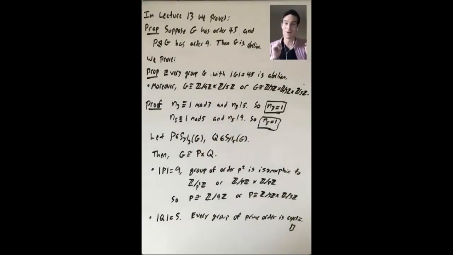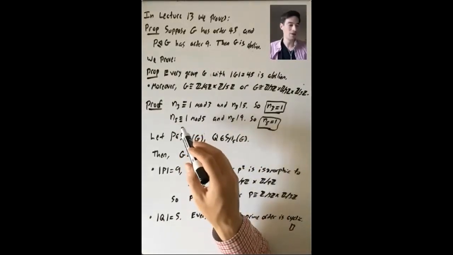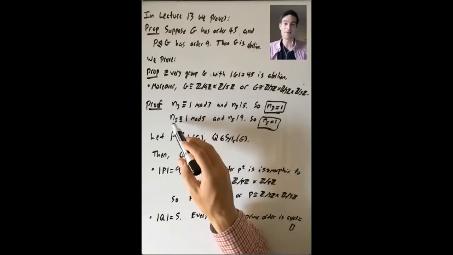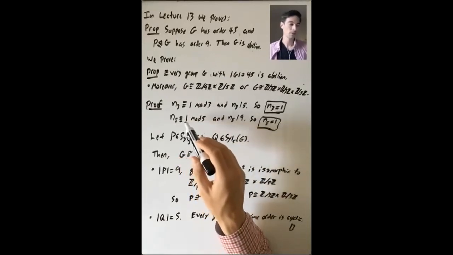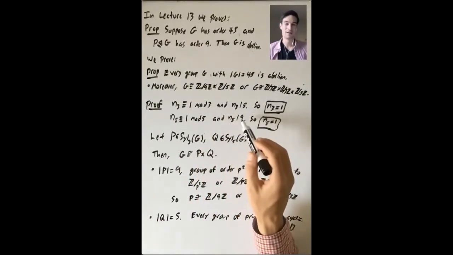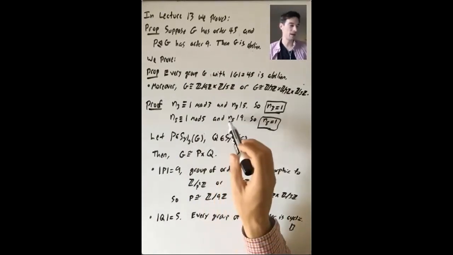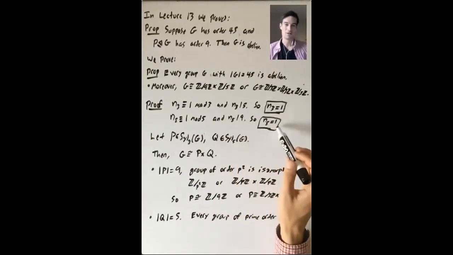But I don't want to do it that way. I want to now look at the other Sylow subgroup. Let's look at the number of Sylow 5 subgroups. Well, what do we know? This is 1 mod 5, and it divides 9. But the only thing that's 1 mod 5 and divides 9 is 1. So n5 equals 1.